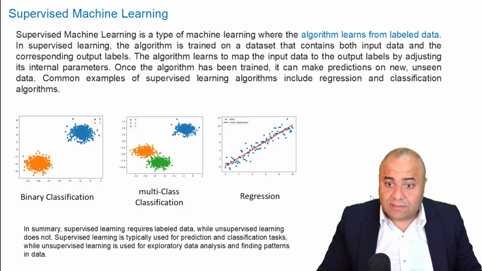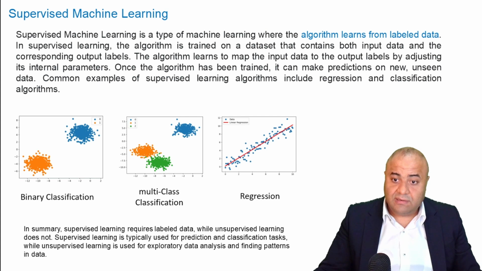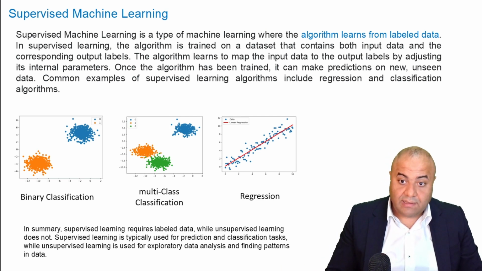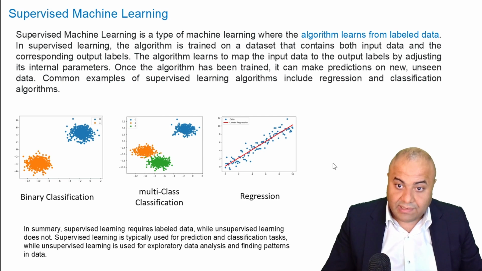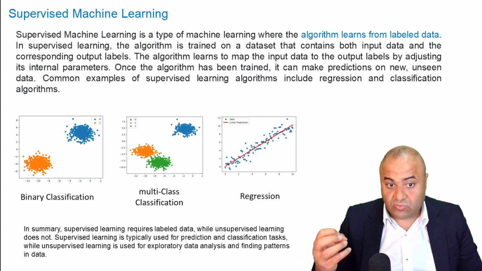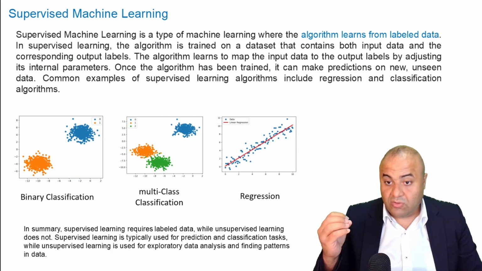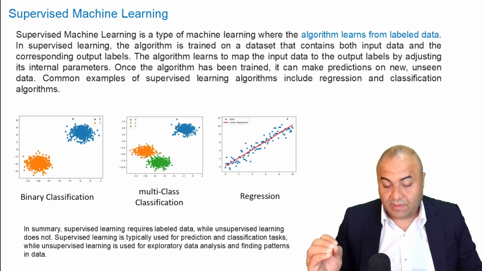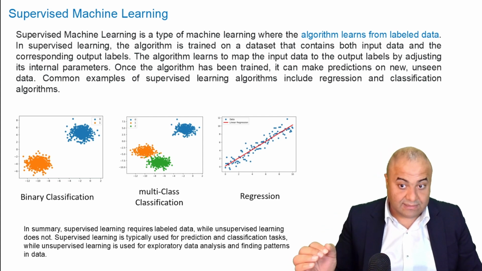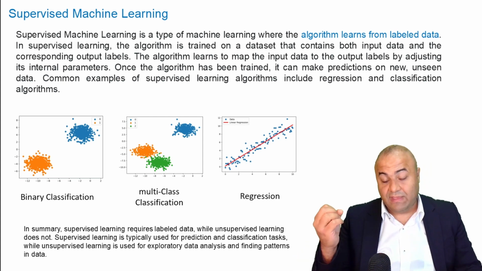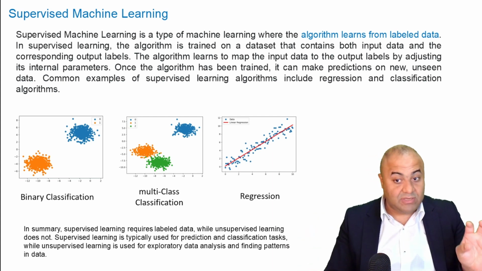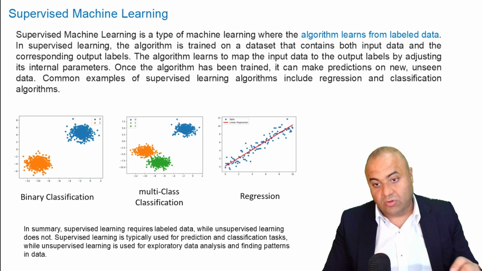Supervised machine learning is basically teaching the machine learning model to solve a problem using labeled data. For example, if you're trying to classify a cat from a dog, you will have images with cats labeled as cats and images with dogs labeled as dogs.